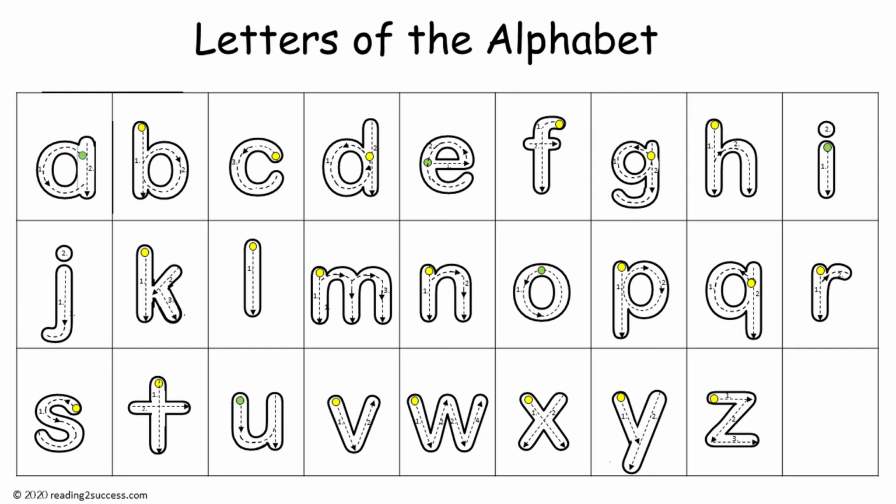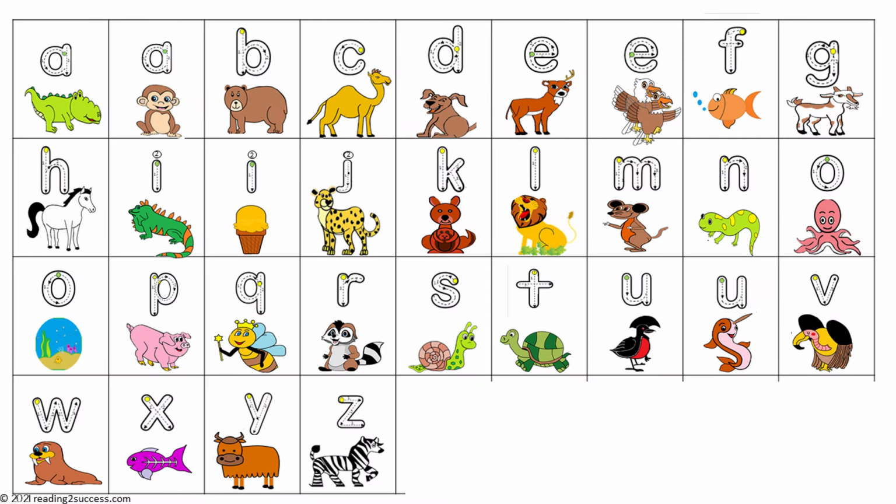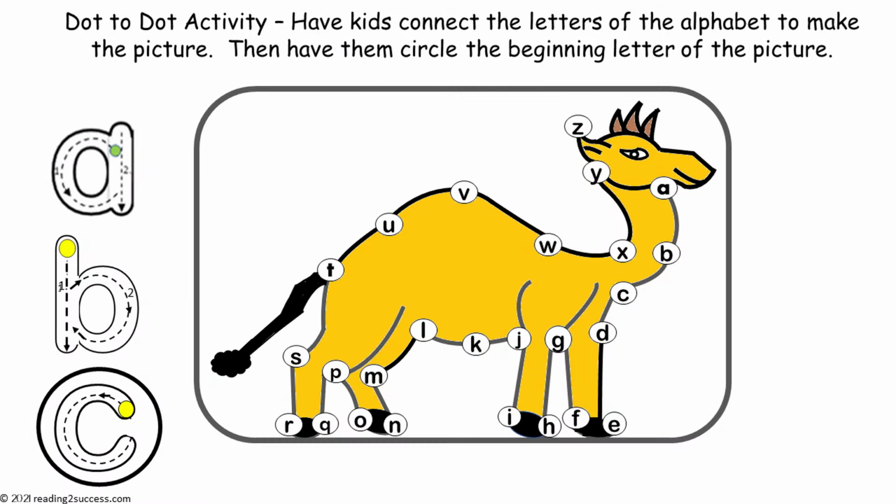Now we are going to have kids practice letter identification activities, so they will need to look at the alphabet charts. This dot-to-dot activity is fun. Have kids connect the letters of the alphabet to make the picture. Then have them circle the beginning letter of the picture.